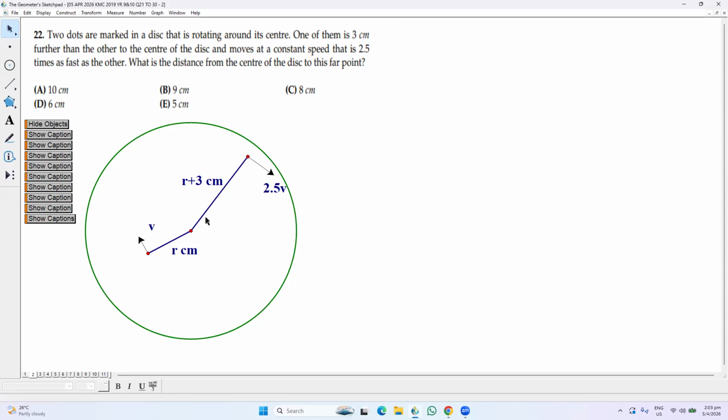And the speed is 2.5 times as fast as the other. So if this speed is V, then 2.5 V for the outer point. What is the distance from the center of this far point, of this second point here?